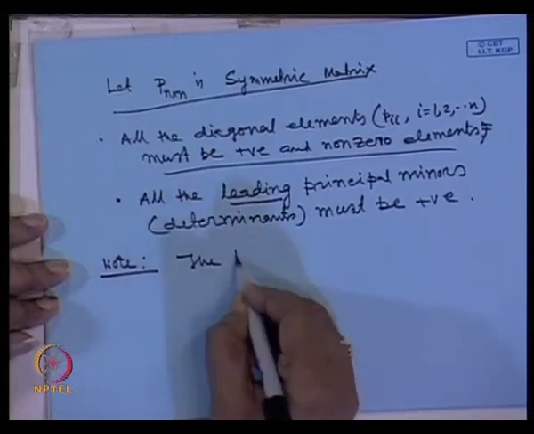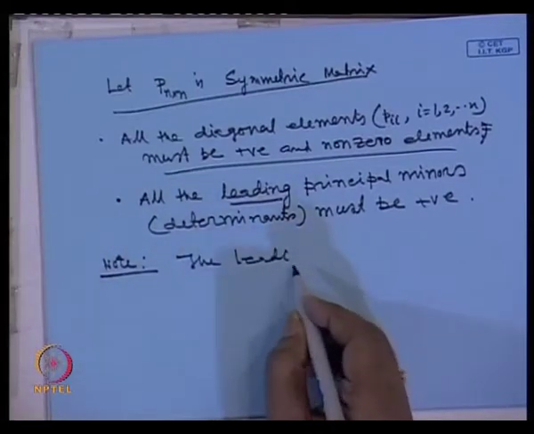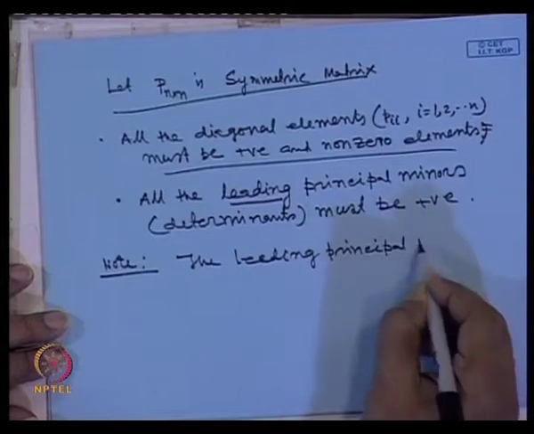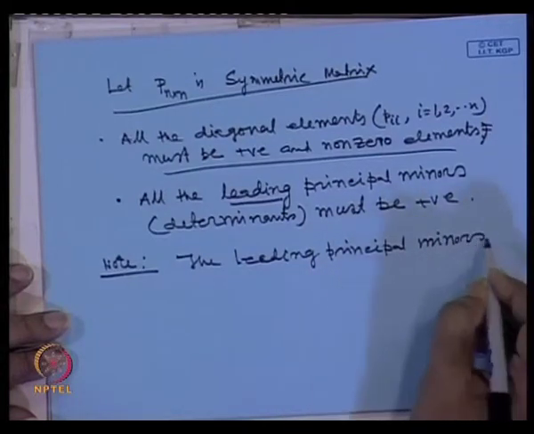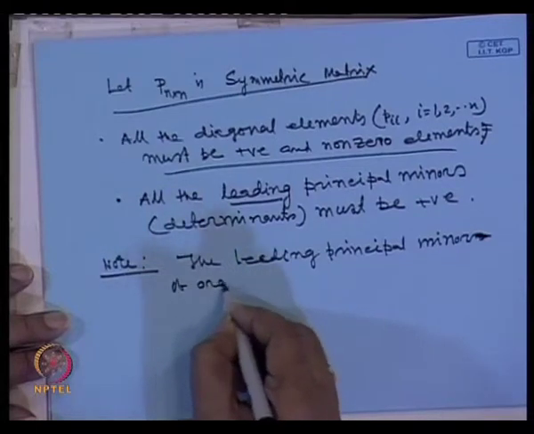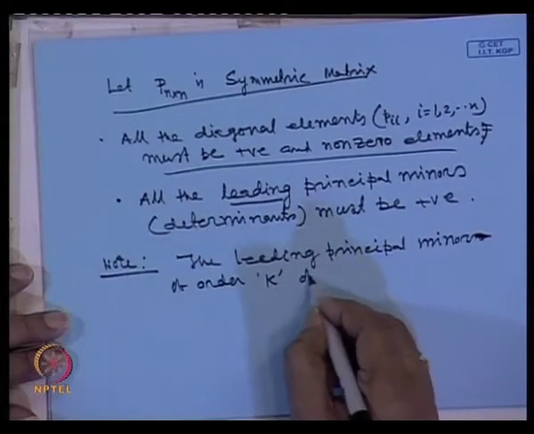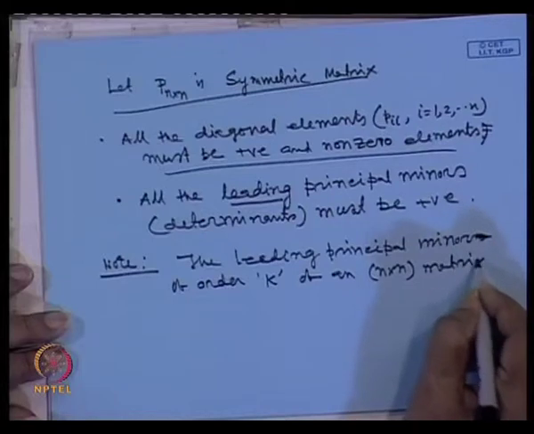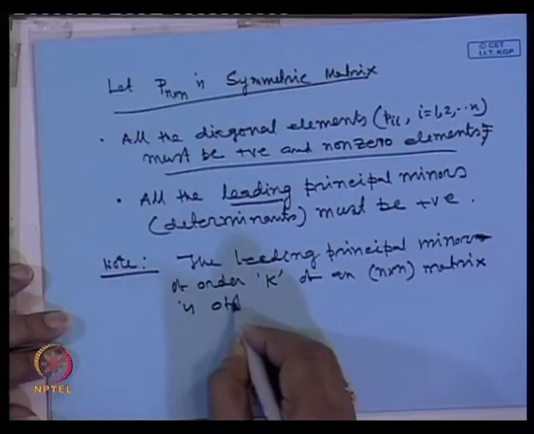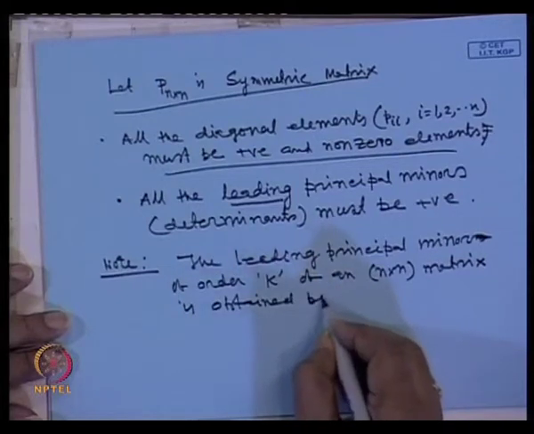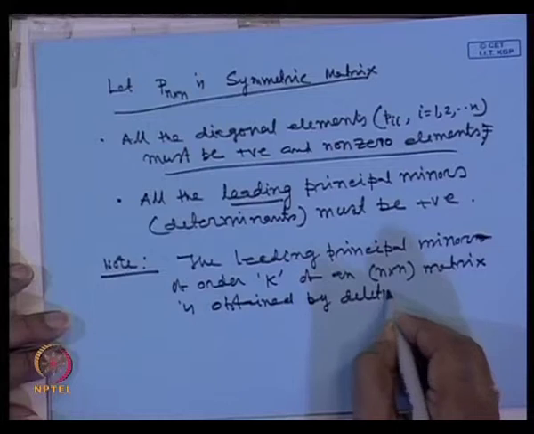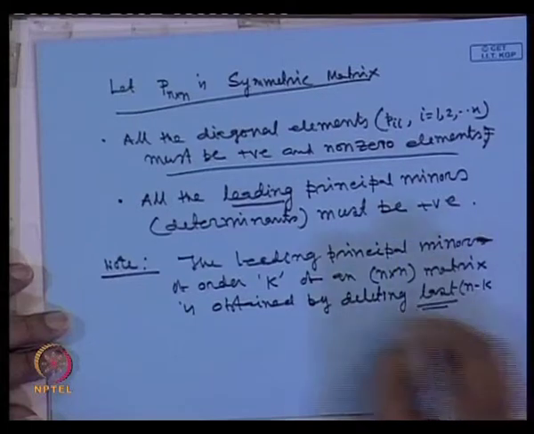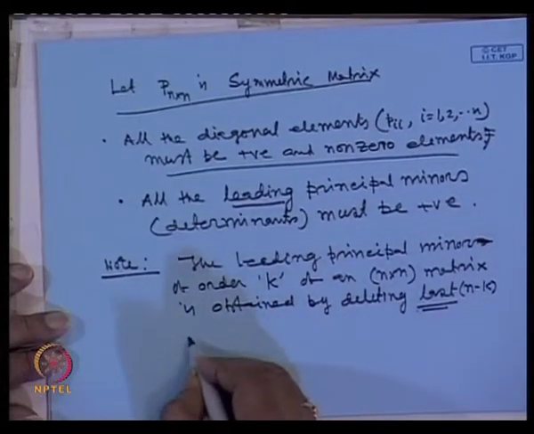The leading principal minor of order k of an n cross n matrix is obtained by deleting the last n minus k rows and columns.